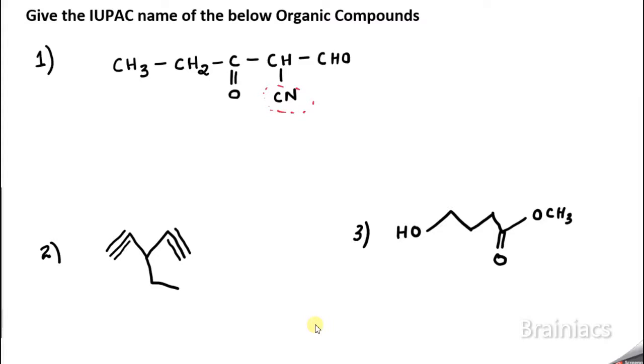Now we know that as per the rule, if a carbon-containing functional group is there, that carbon should be part of the parent carbon chain. So we should choose the chain in such a way that it is the longest possible chain. So we could see here, this is the longest possible chain.